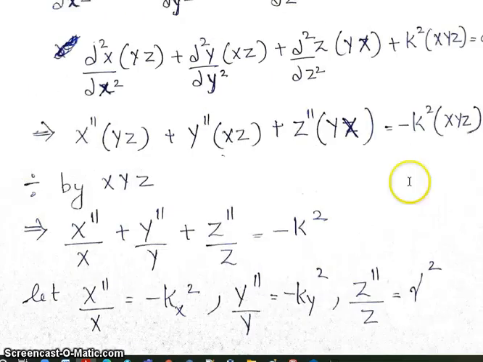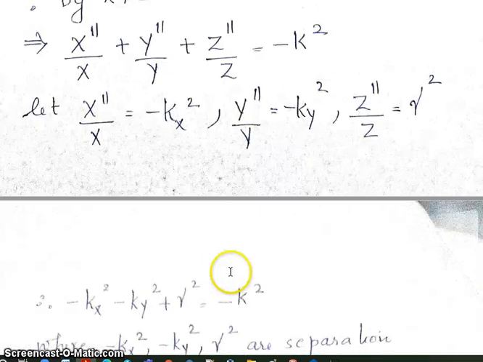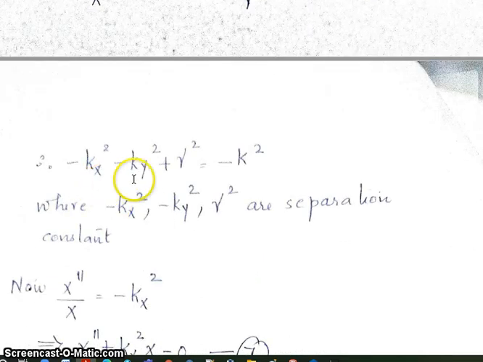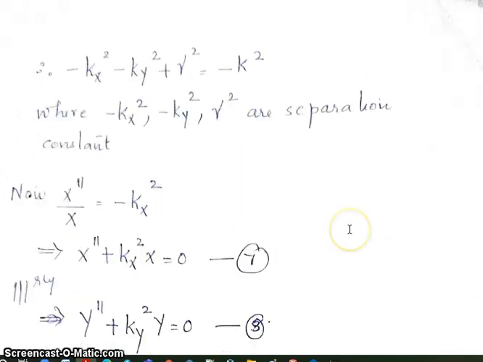So this equation will become minus kx² minus ky² plus gamma² is equal to minus k², where minus kx², minus ky² and gamma² are separation constants.